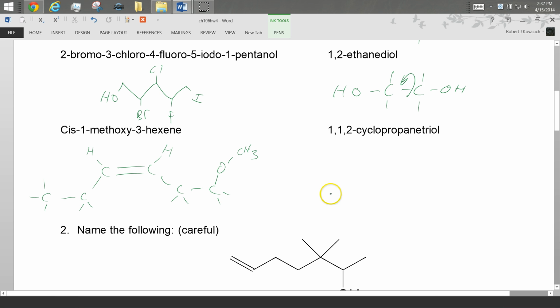How do you know that the methyl group is off of the oxygen? It says methoxy. Well, how do you know that there's not a double bond to the oxygen on the first carbon? Because methoxy means something specific.